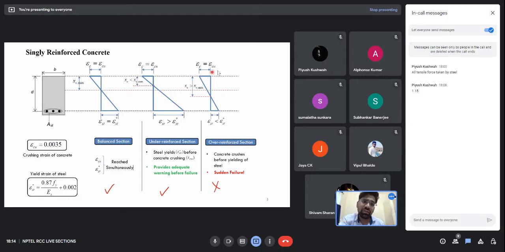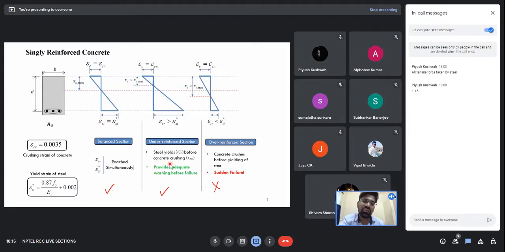Now for the crushing strain in concrete, when we look at the strain in steel, if it is less than the yielding value, what does that mean? The steel can take even more load, but the concrete cannot take more load. That is, our section is over reinforced. We never go for an over reinforced section, because in an over reinforced section concrete fails prior to steel, and the failure of concrete is a brittle failure, so it does not give any warning and there is a sudden failure.